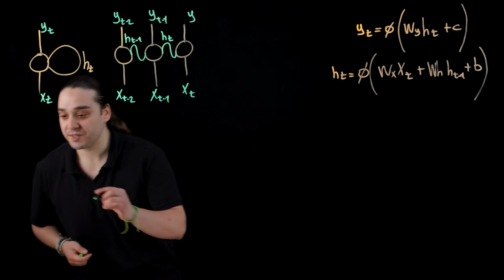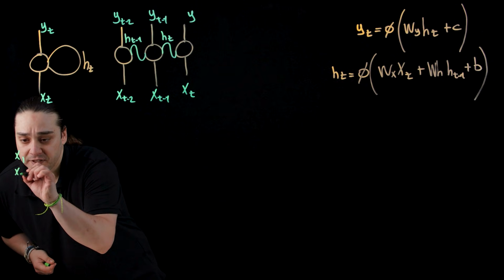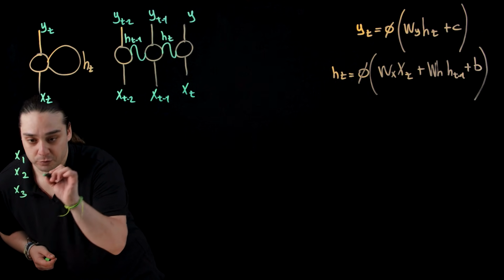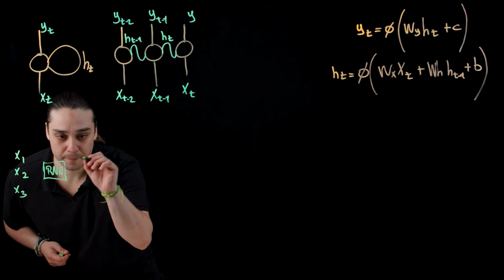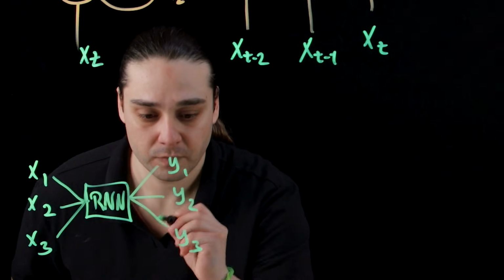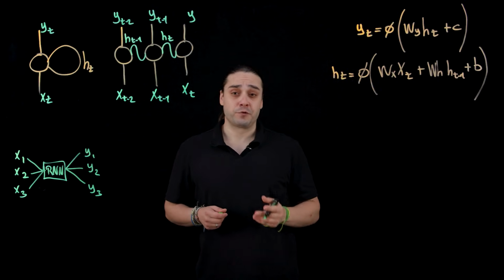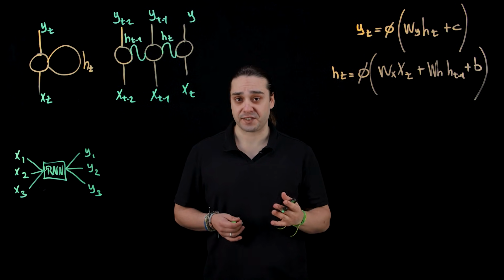One way is a sequence-to-sequence network. Here, you feed the network a sequence of inputs, and it produces a sequence of outputs. This is really good for tasks like predicting time series data, such as stock prices.